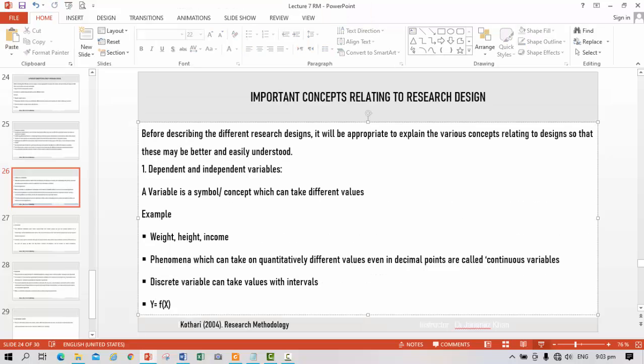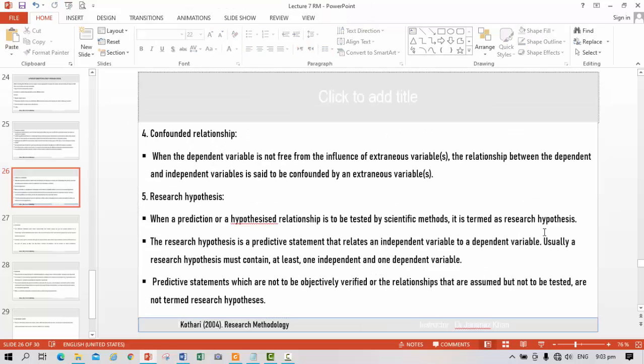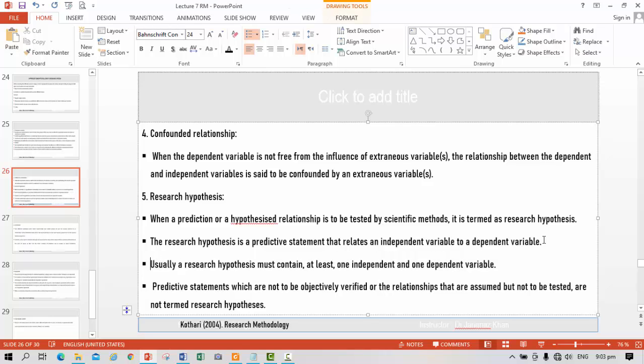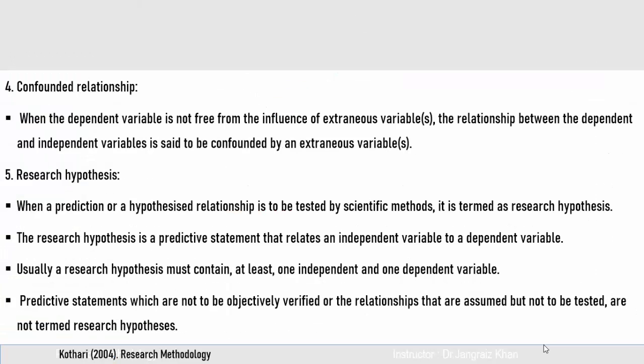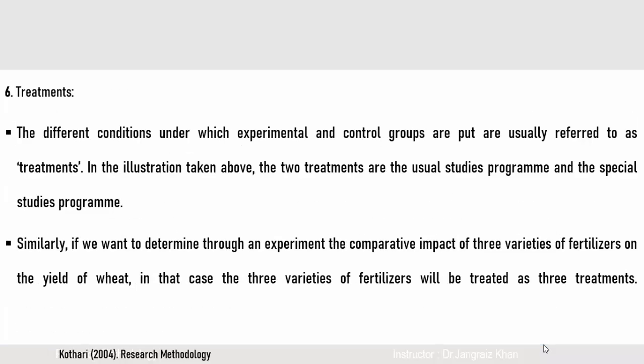Usually, the research hypothesis must contain at least one independent and one dependent variable. Predictive statements which are not objectively verified, or relationships that are assumed but not to be tested, are not termed research hypotheses.